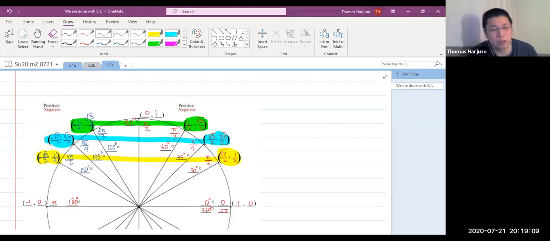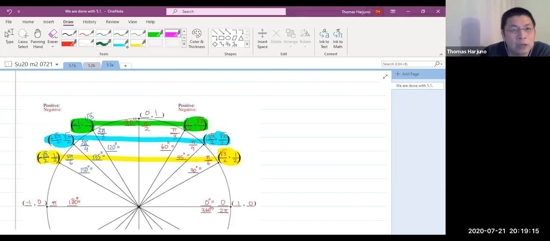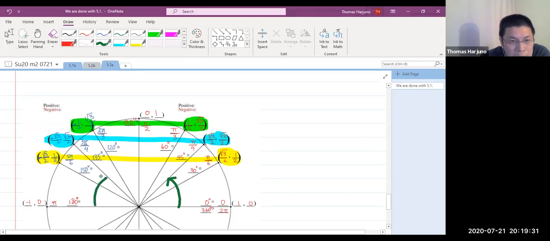Okay, there's one term that you will see in future called reference angle, but let me tell you now what that is. Reference angle is the following. For example, 45 degrees has reference angle 45 degrees. This is the reference angle. Now, 45 degrees has the same reference angle as 135 degrees.